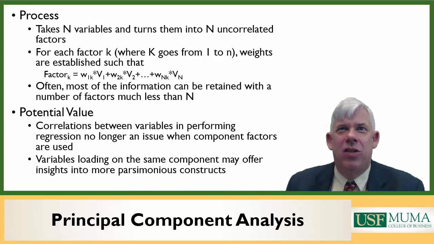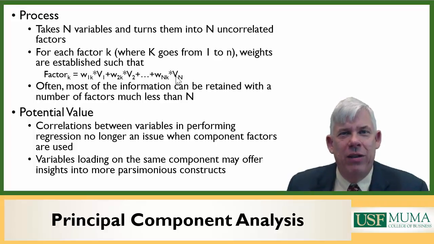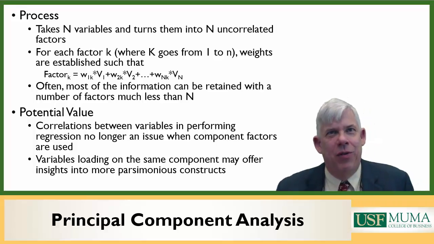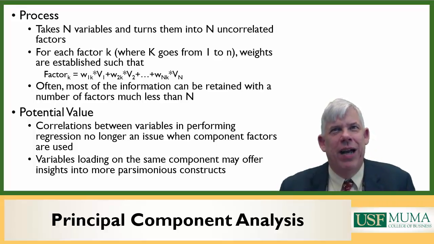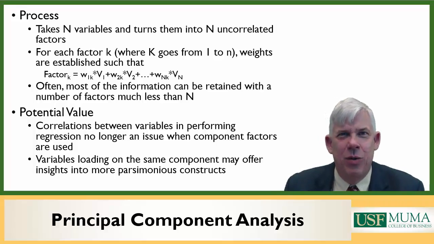And then it's interesting to see what the different weights on the different factors are, because sometimes variables that are highly correlated or negatively correlated tend to group together, and by looking at the factor, you can get a sense as to what's going on.